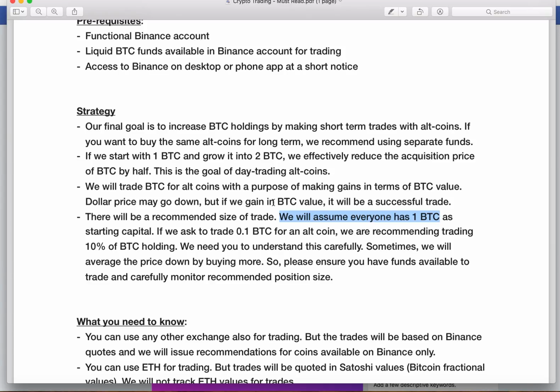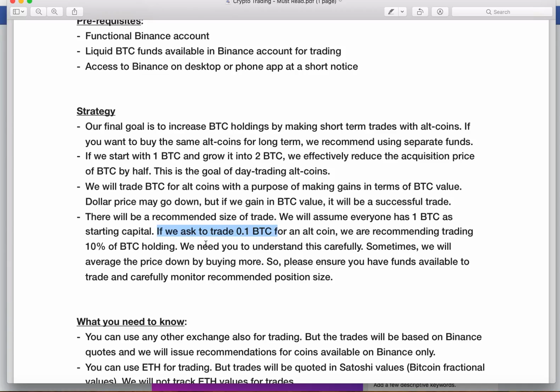We are not going to be generating individual portfolio positions. You can do a scaling as per your portfolio size. So for example, if we ask you to trade 0.1 BTC as a position size, we are recommending trading 10% of your trading account BTC holding.